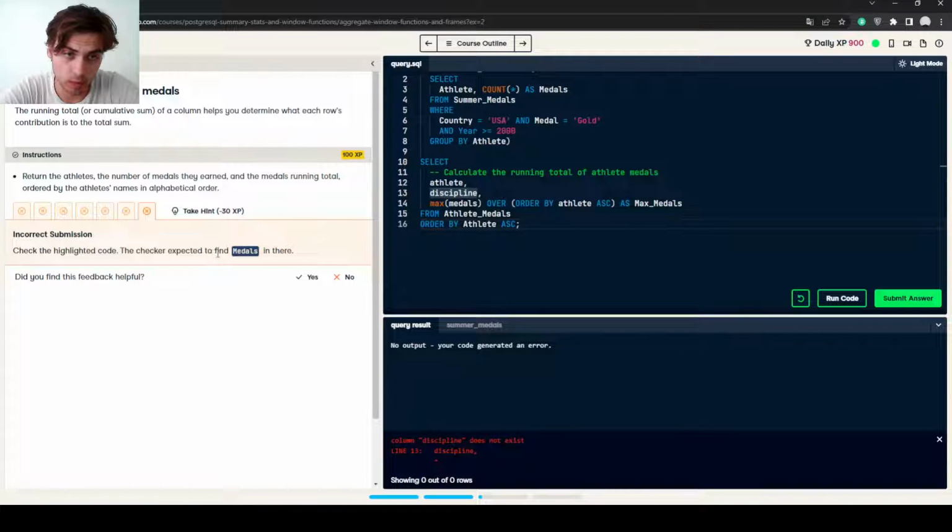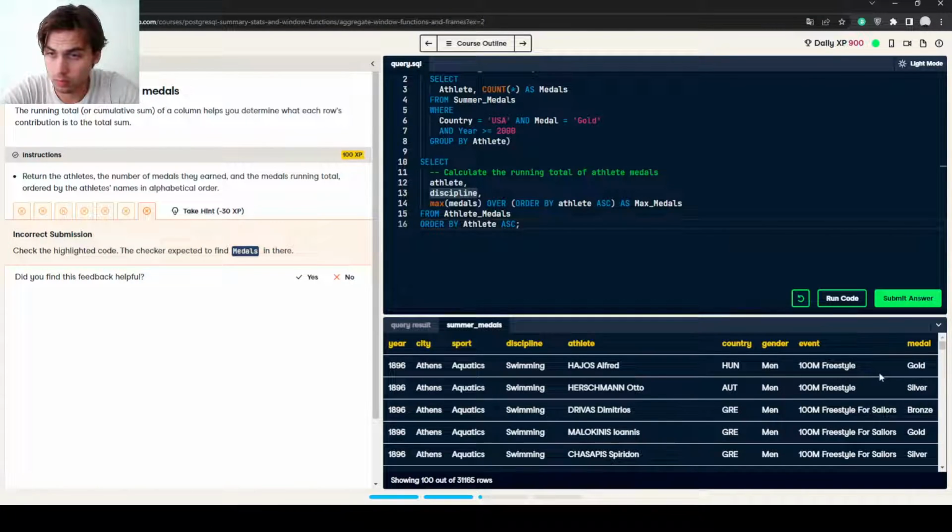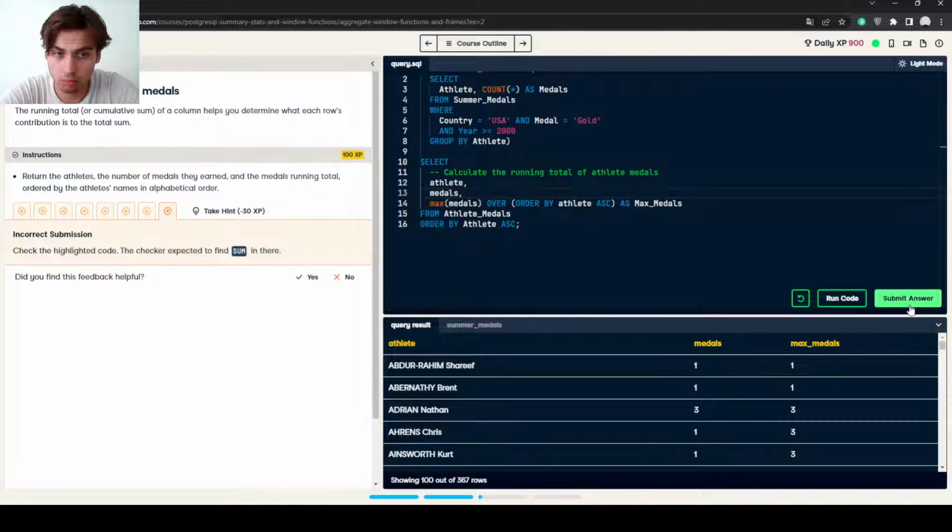The checker expects to find medals in the medals, athlete count, medals, some medals. Ну, блять, это ж было вроде.